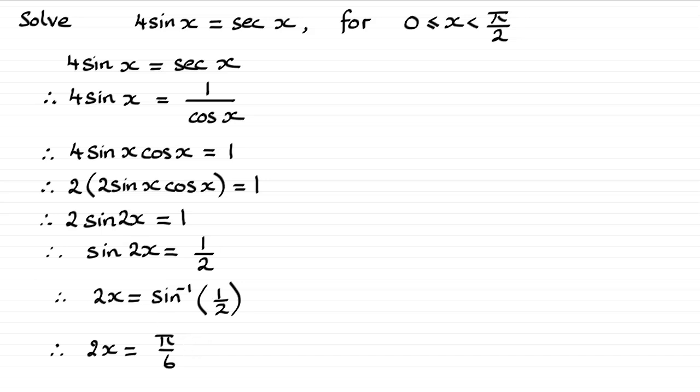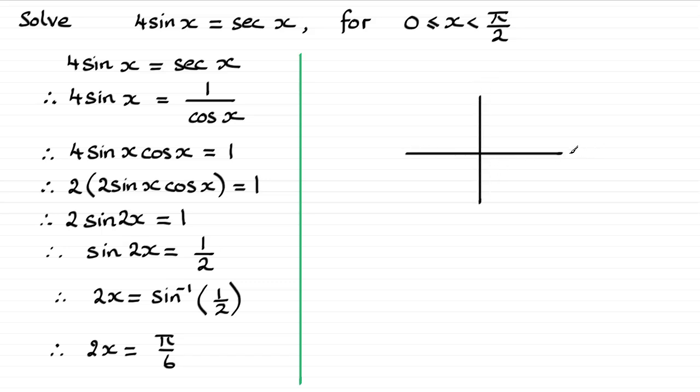Now at this point, I'd want to try and figure out what the other answers are by drawing a quadrant diagram. So we'll just put our quadrant diagram in here. This will be 0 radians. The equivalent to 90 degrees would be pi upon 2 radians. But we're doubling our value for x here.